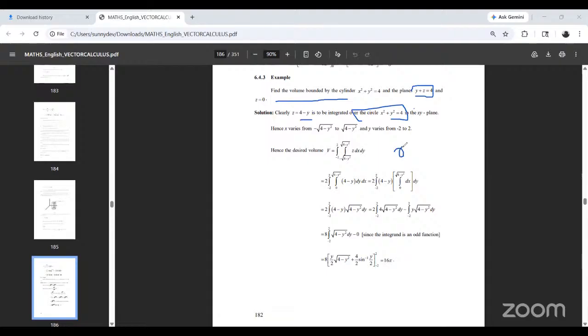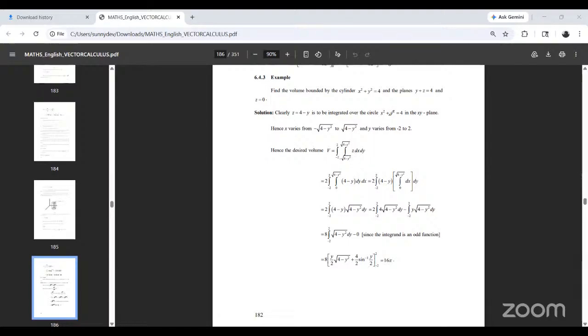So x square equals 4 minus y square, then x equals plus or minus under root of 4 minus y square. These are the x limits and these are the y limits.